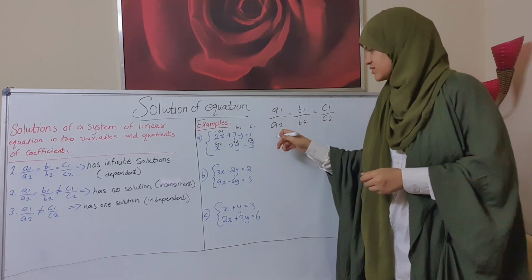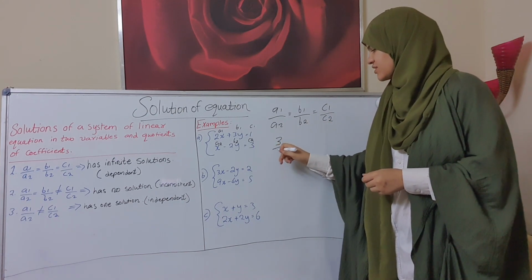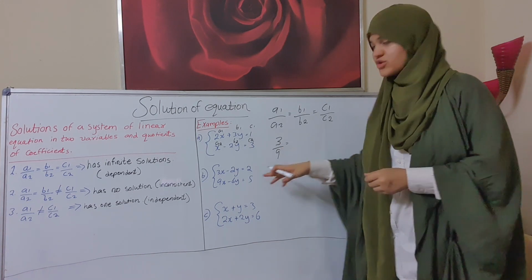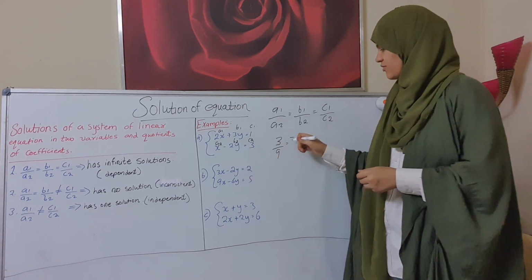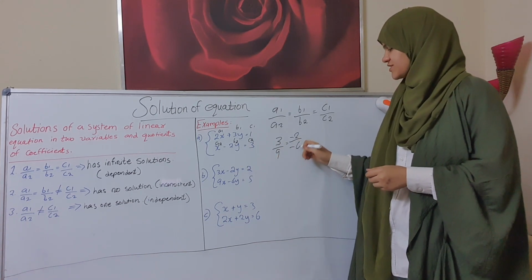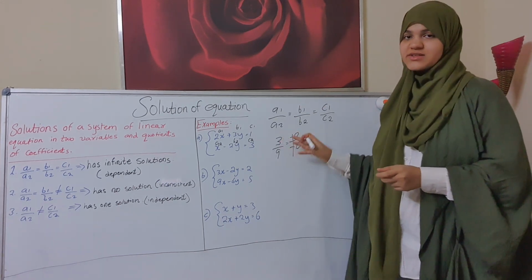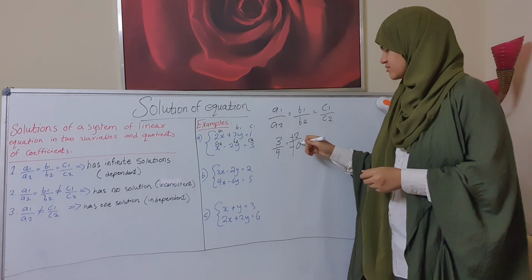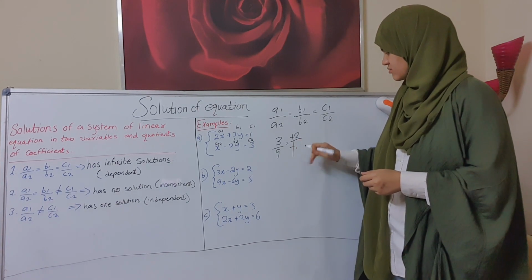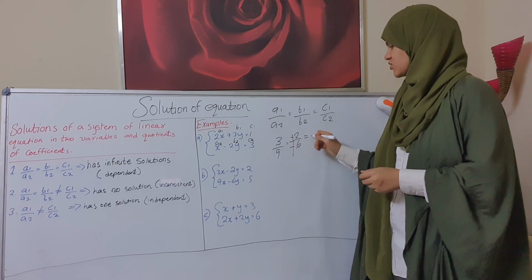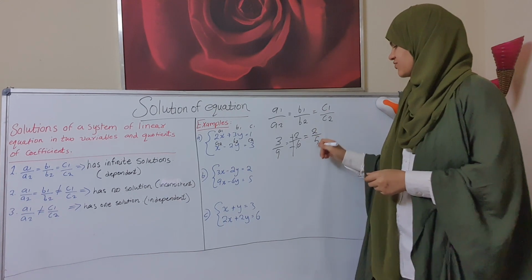That means 3 over 9, and because we have negative, we make it negative 2 over negative 6, so we cancel negative by negative and it becomes positive. 3 over 9 is equal to 2 over 6, compared with 2 over 5.